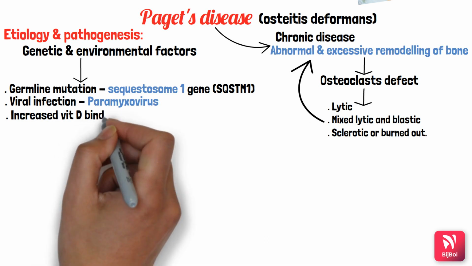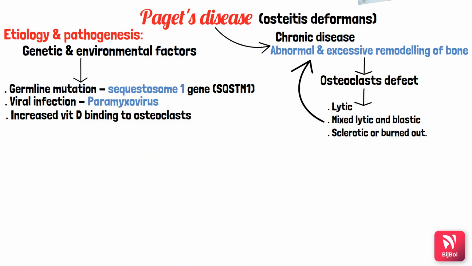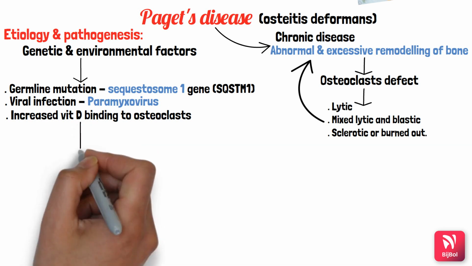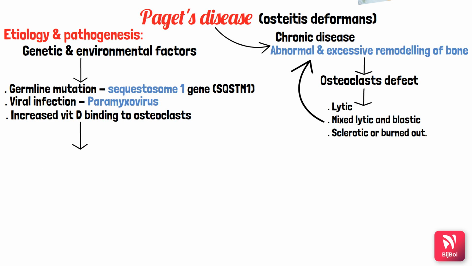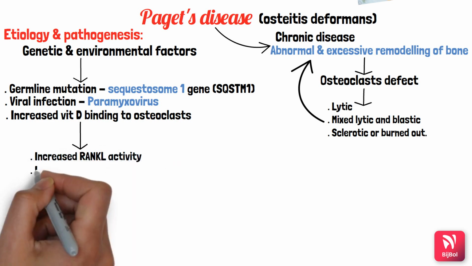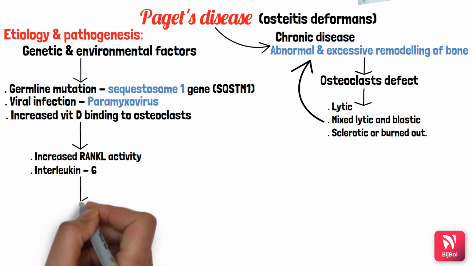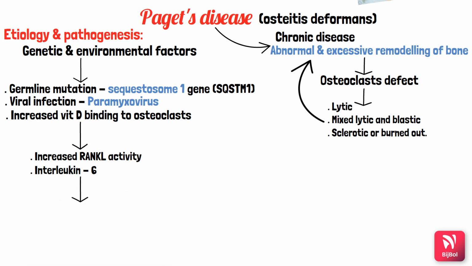And next, patients with Paget's disease showed increased vitamin D receptor binding affinity among osteoclasts. All these 3 factors resulted in increased RANKL activity as well as increased interleukin 6 activity, which increase the activity of osteoclasts.